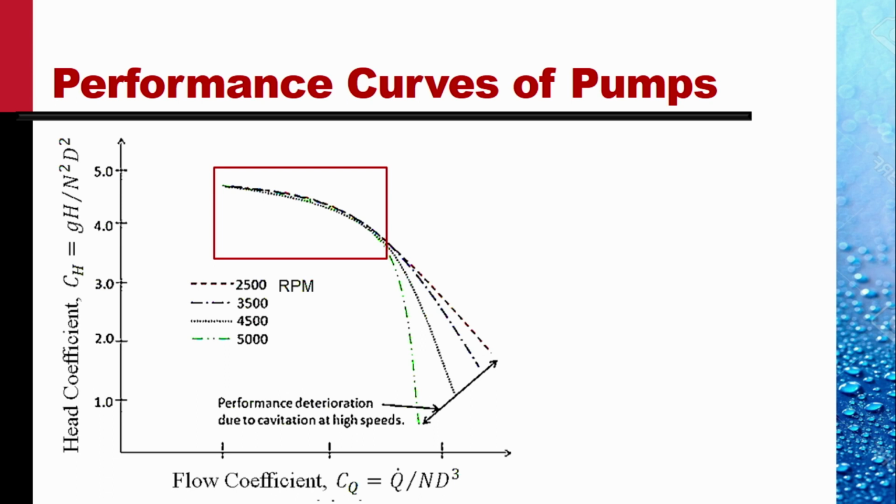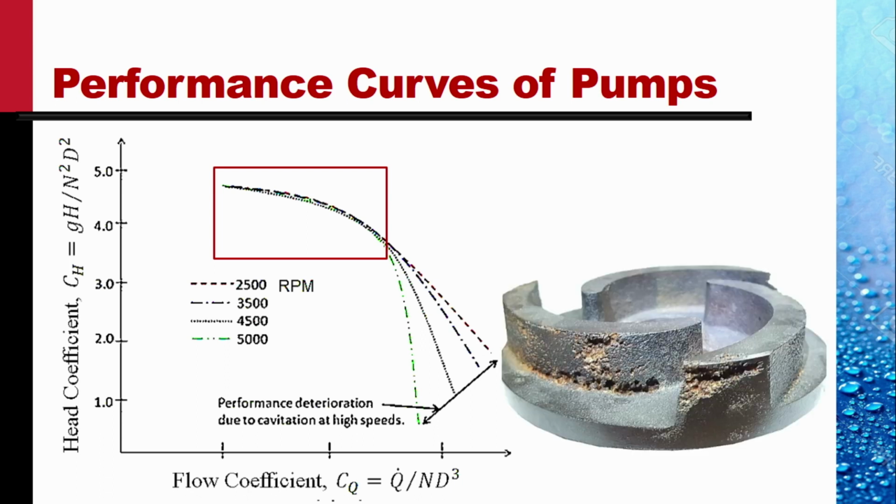The deviation from a single curve, from the predicted curve, is only where cavitation is suspected. And we don't operate our pumps in this region because of the damage that cavitation and the resultant collapse of vapor bubbles cause to the impeller.